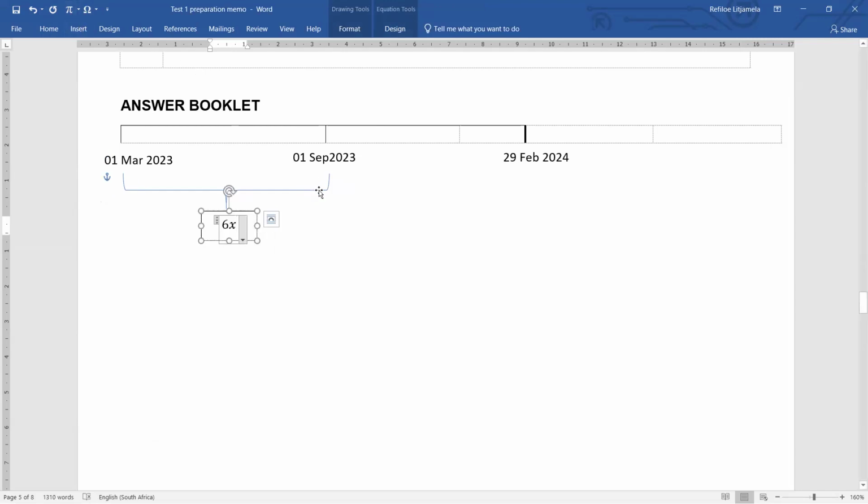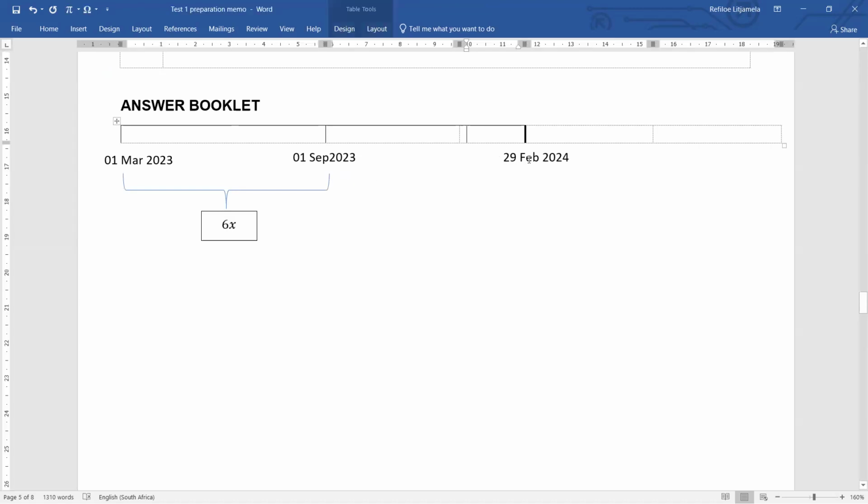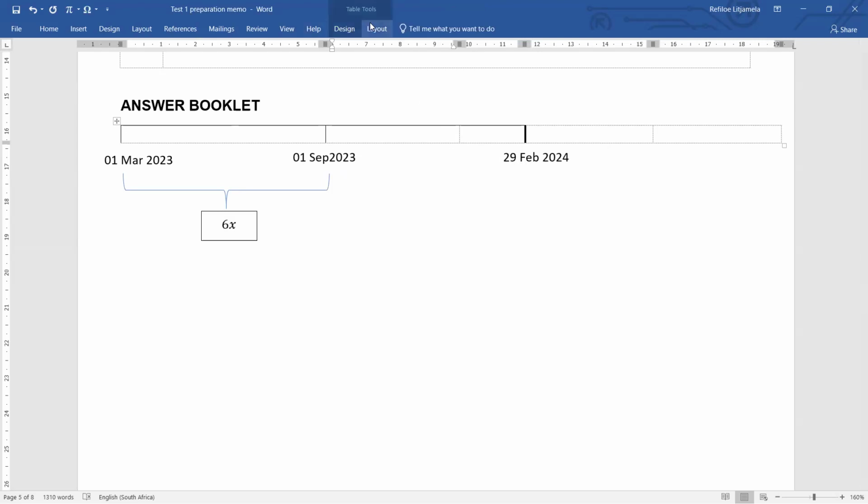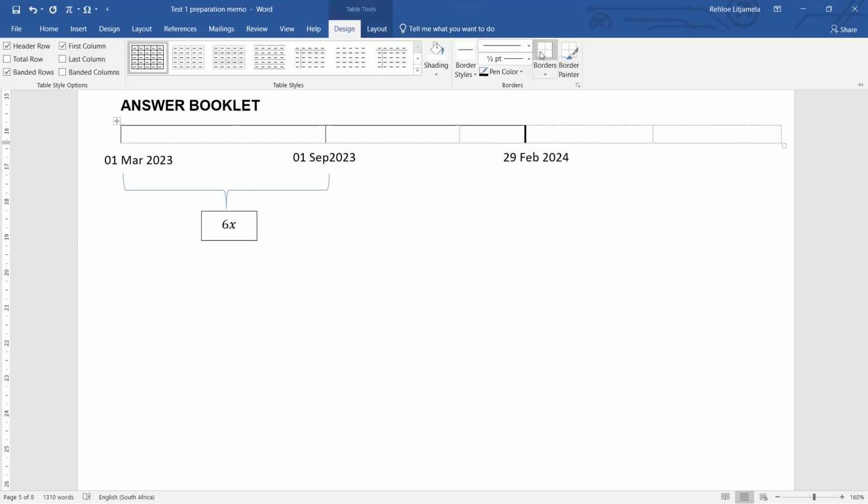But then, guys, it increased in September. Up until when? Which day of Feb? On the 1st of Feb.